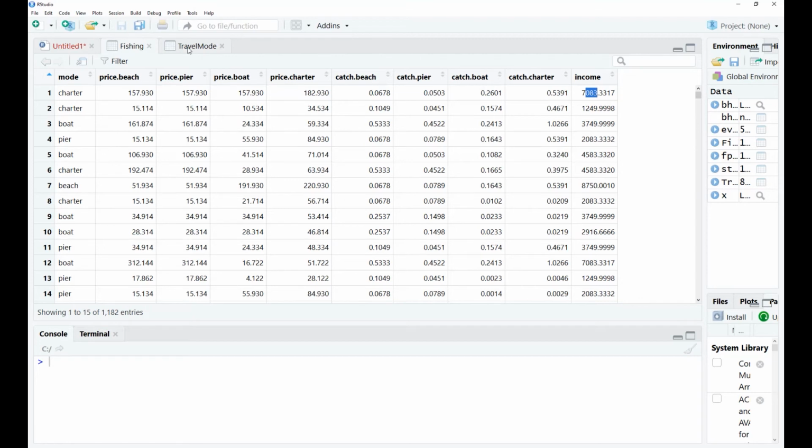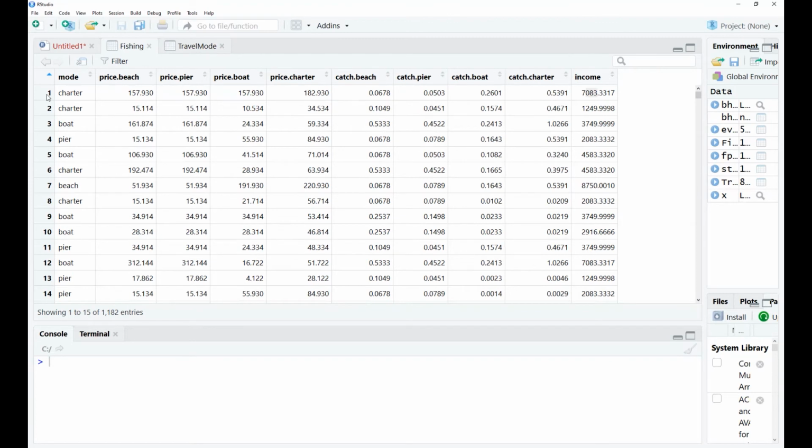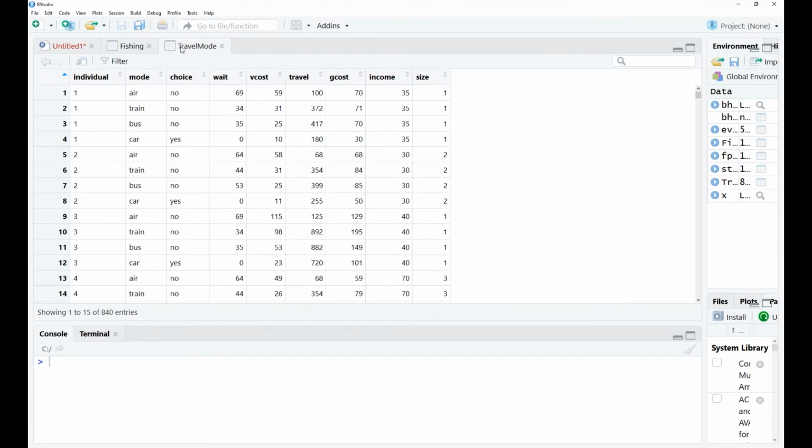Now, if you compare this with the travel mode, which is in long format, in the fishing format you have the first individual in the first row. Now in the long format, you have the first individual in the first 4 rows.